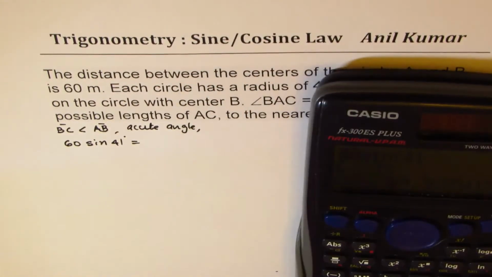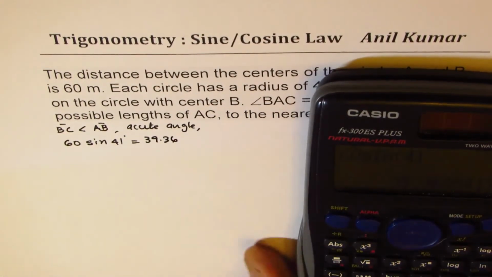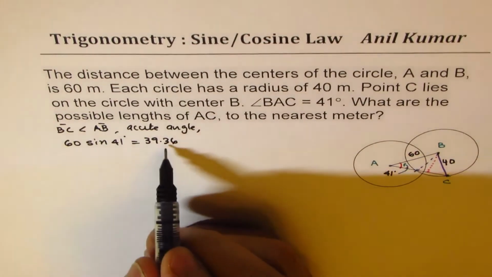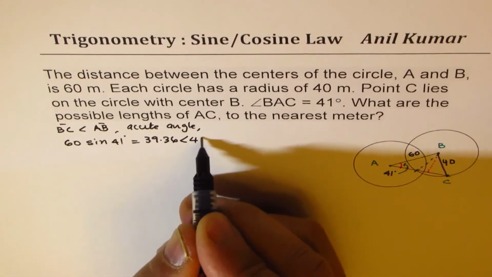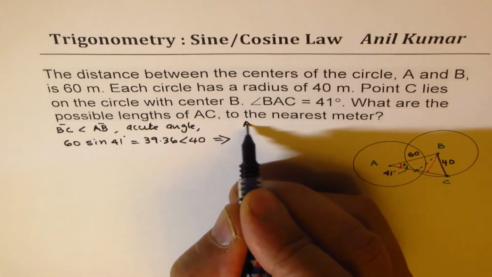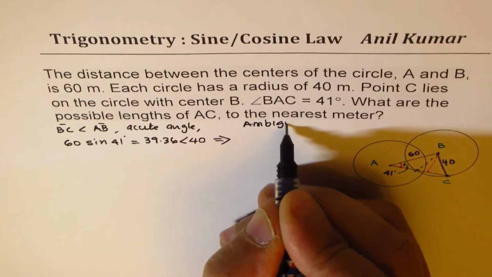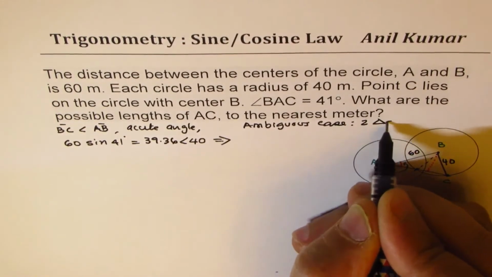That gives us 39.36. Correct? Now since 39.36, that perpendicular distance is less than 40, right? That gives us ambiguous case, right? Two triangles.